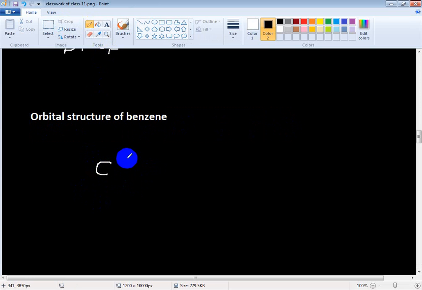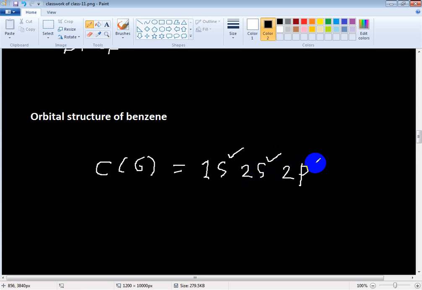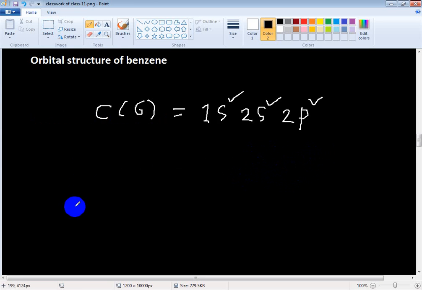We know carbon has 6 electrons: 1s2, 2s2, 2p2. When carbon is in the excited state, it is an unstable state.